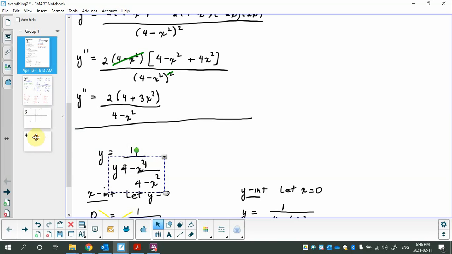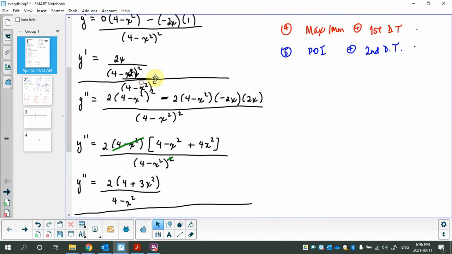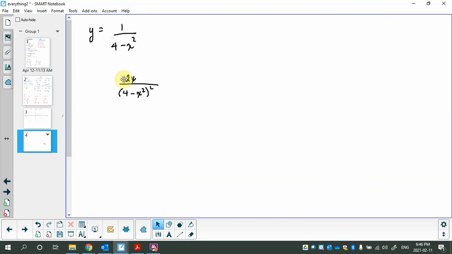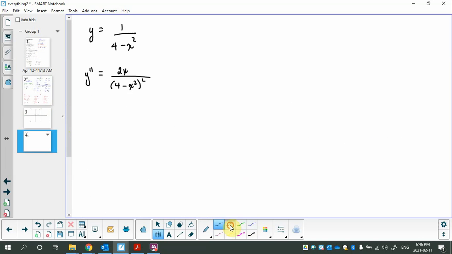So I'm going to shove that here. Shove that here. So, the max min. Red, for no other reason than 'cause.